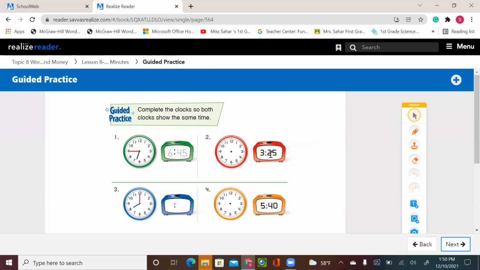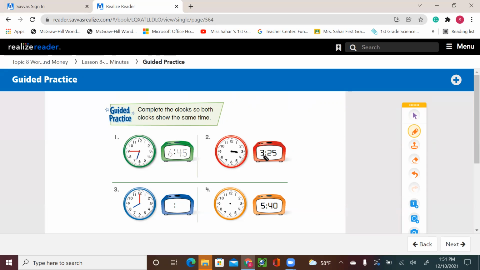3 and 25 minutes. So I know that my hour hand is going to be between 3 and 4. Why 3 and 4? Because it's more than 3. It's 25 minutes past 3 or after 3. So my hour hand would be at 3, between 3 and 4.